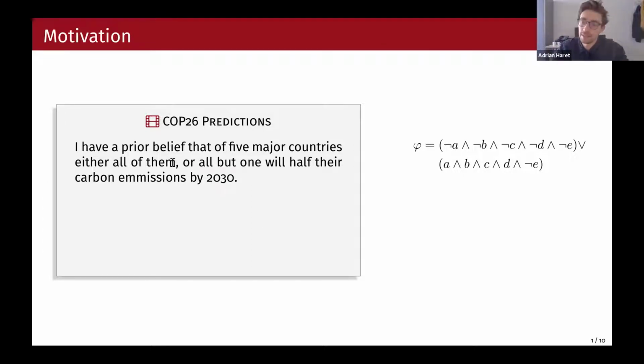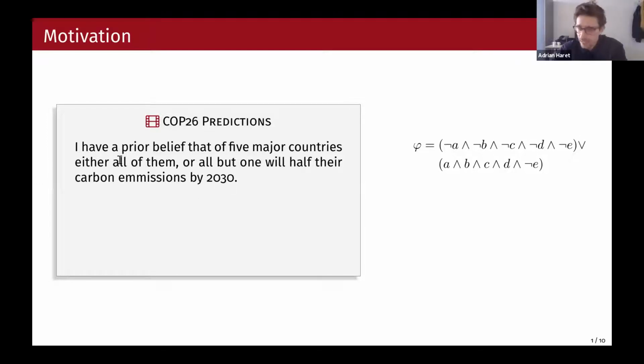So suppose I have some prior belief that of 5 major countries, say Argentina, Brazil, Canada, Denmark, and the US, either none of them or all but one will manage to halve their carbon emissions by 2030.